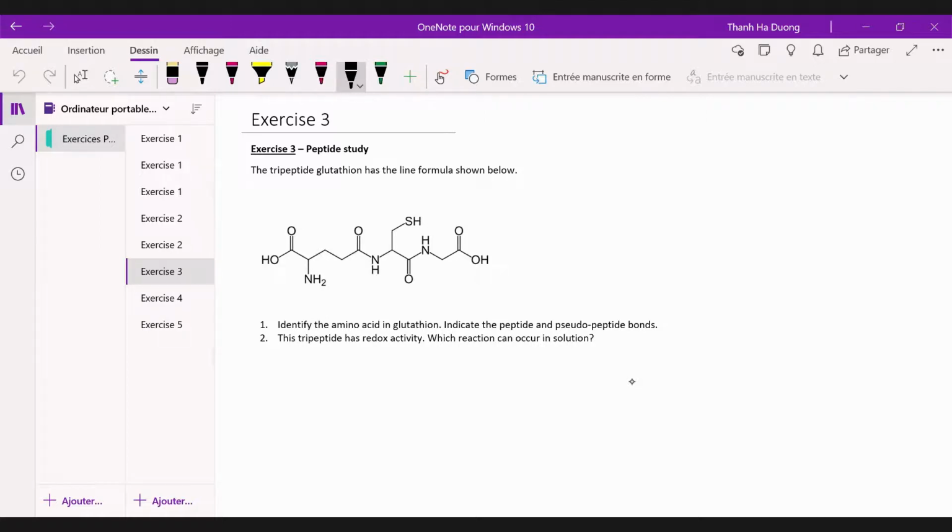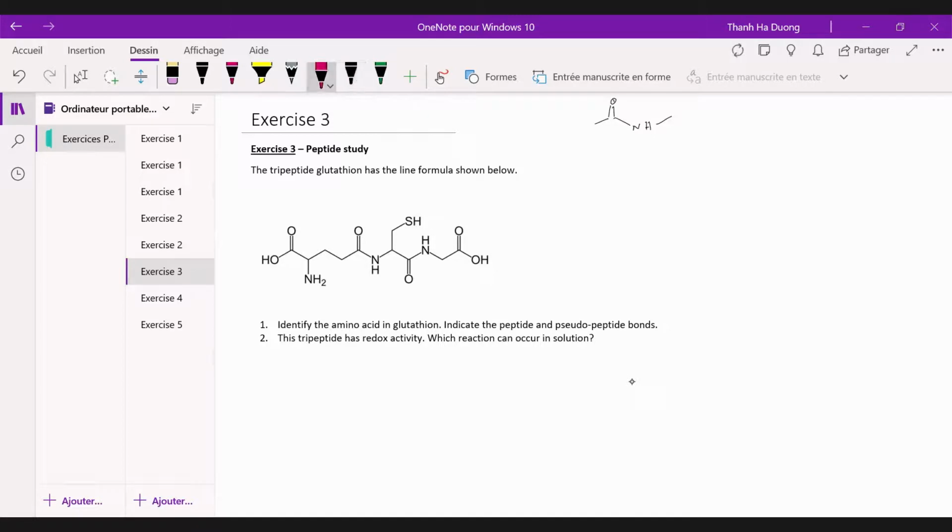So you have a peptide which is commonly present in cells and usually in bacteria, because it can have oxidoreduction roles. It's called glutathione. You have the line formula here, and it's a tripeptide. Remember, a peptide bond is a double bond carbon oxygen linked to the amine group like this.